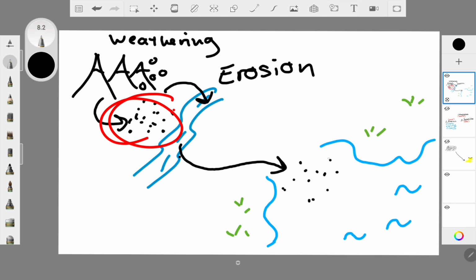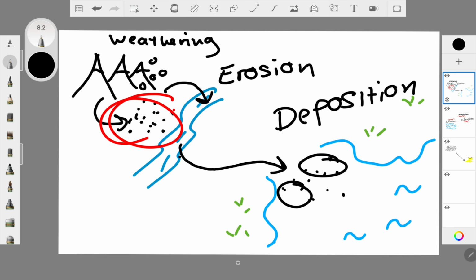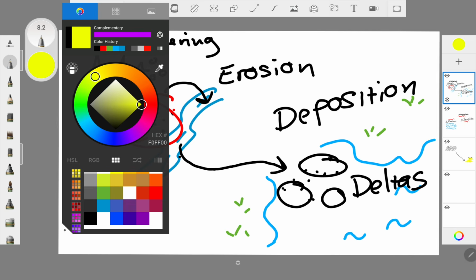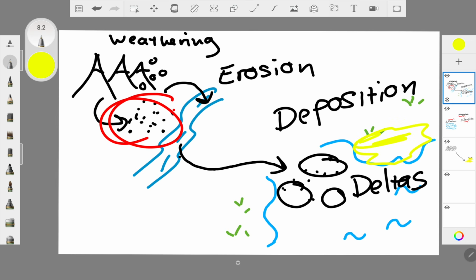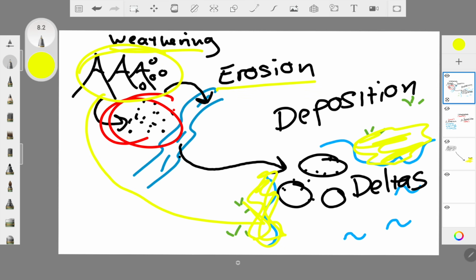We call it deposition. This results in landforms like deltas, islands at the mouth of a river, or it can result in landforms like beaches, yeah, where the sand from all the way up here is getting dropped off all the way down here. So weathering breaks it down, erosion carries it somewhere else, deposition puts it down, okay?